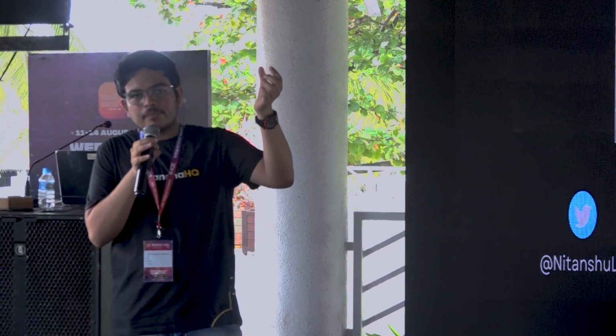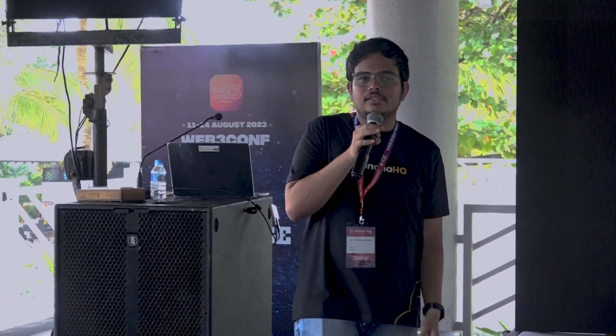Our relayers listen that the event has happened on chain A, and then they broadcast the user operation, which has already been signed by the user, to the destination chain, chain B. Okay, makes sense, thanks.